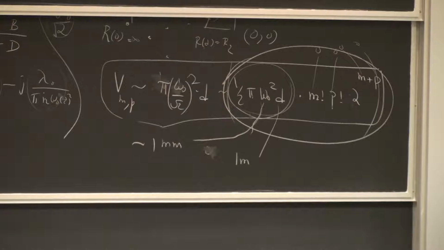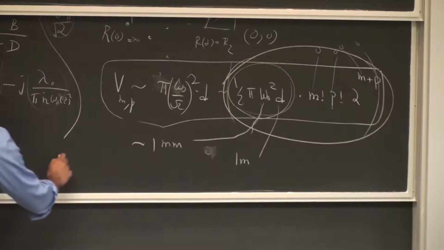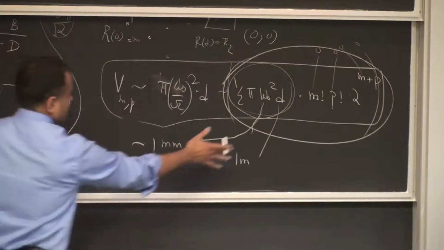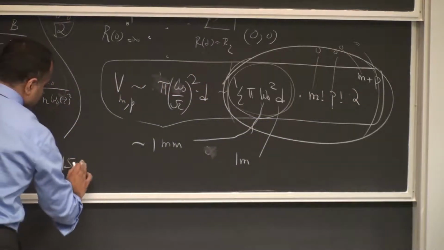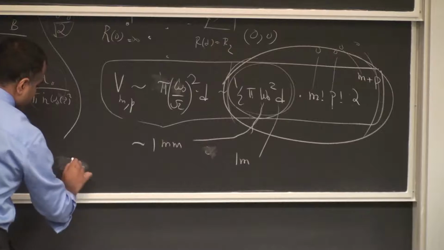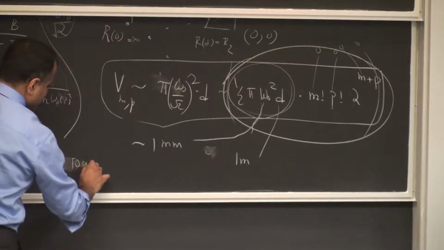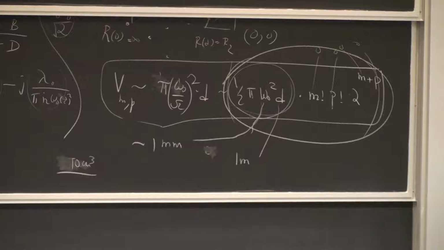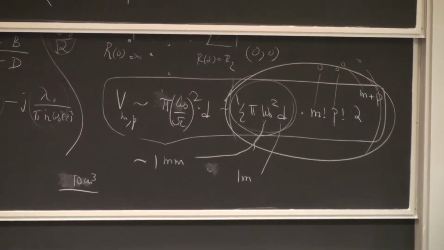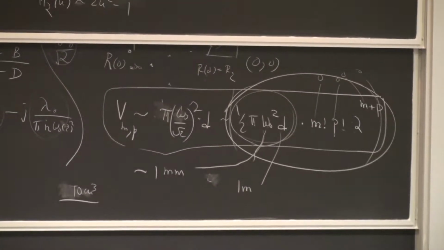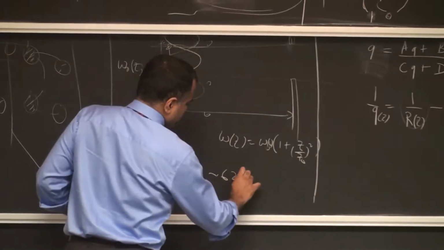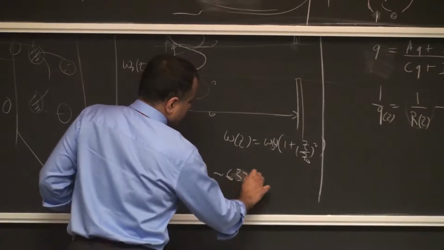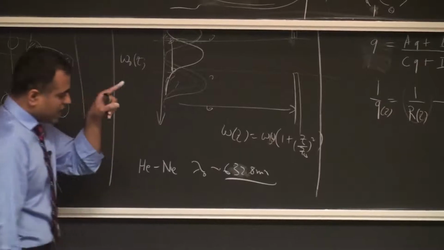If you take the volume, just that without all these factorials, for the ground mode, it's about 10 centimeters cubed or something like that. Or you can just run the numbers. And now you say I'm going to make a helium neon laser, which is one of the most popular lasers, with a lambda naught of about 632.8 nanometers, red to the eye.